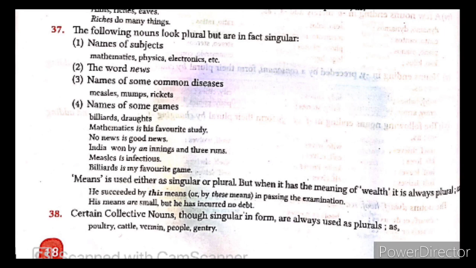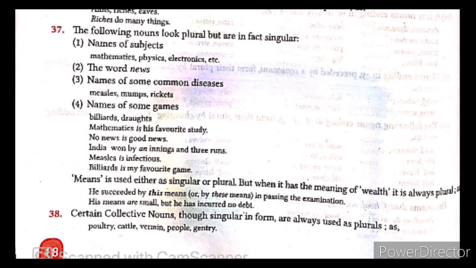News is singular, but we add s to it, so it looks like plural, but it is singular. Names of diseases, for example, mumps, rickets. It is singular, but we use the plural form of it. Games, names of some games, for example, billiards, draughts. These are singular, but we use the plural form. We add s to it. Clear?